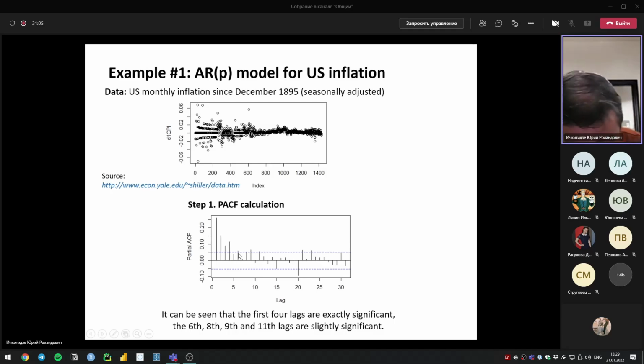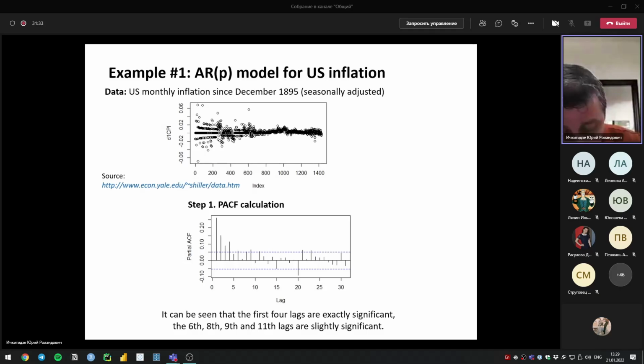AR5 or AR6 is already in question. The insignificance is visible here. AR8, AR9 are slightly significant. Maybe AR11. That is, here on the verge of significance, we have some alternatives.